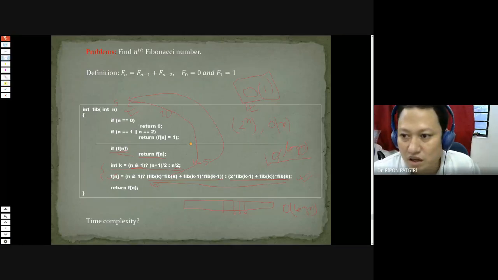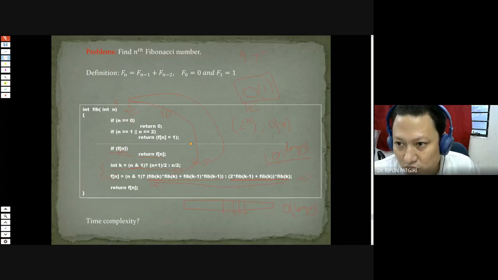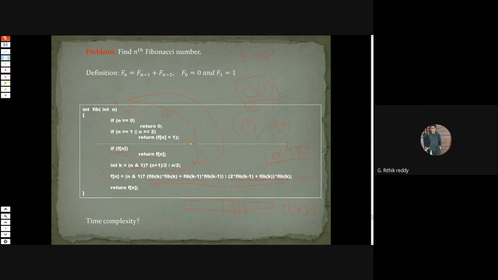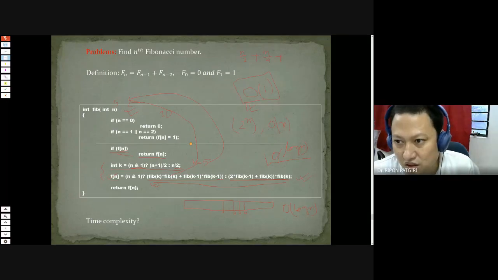So the problem size is n, divided by 2. If this is divided again by 2, what will it be? n by 4. Then again n by 8, this is the problem size.